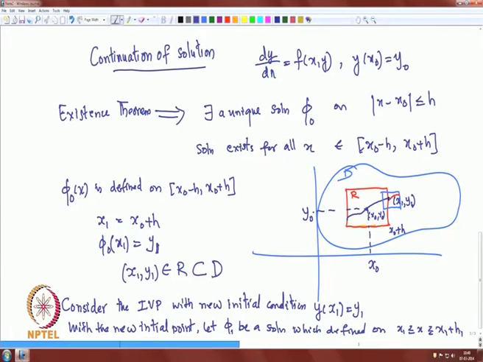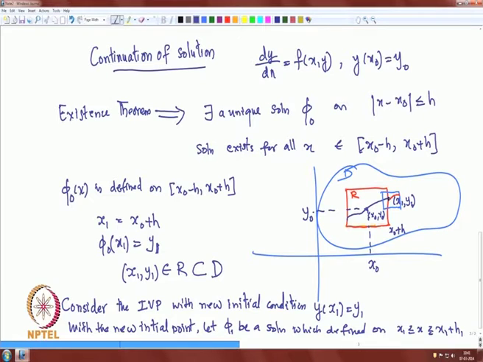H1 is a similarly defined constant for the new rectangle. Now, because of the existence theorem we could find another solution phi 1 which starts from x1, y1, which was the end point of the previous solution, and it is extended up to x1 plus h1, that is the maximum interval guaranteed by the existence theorem.